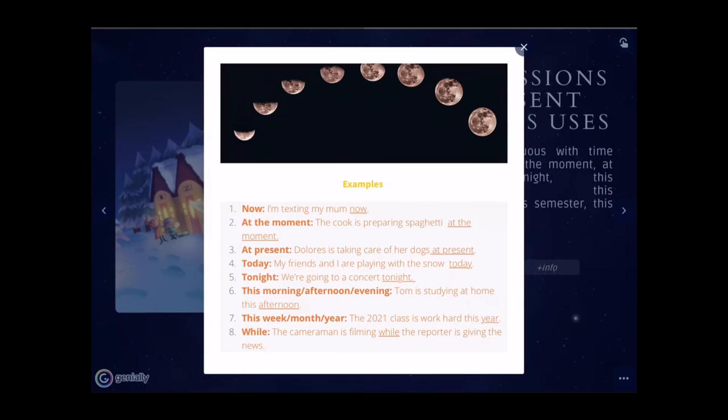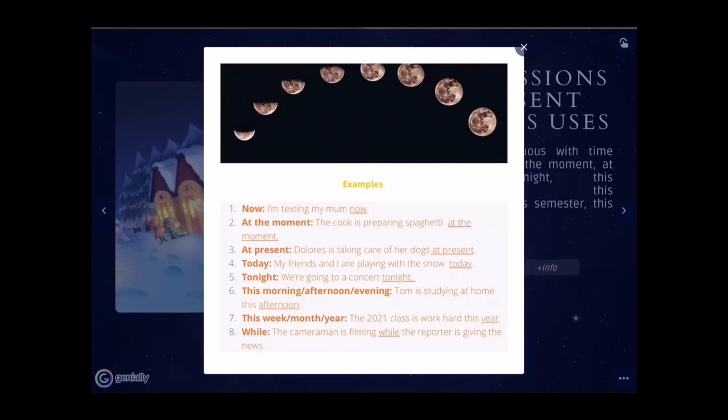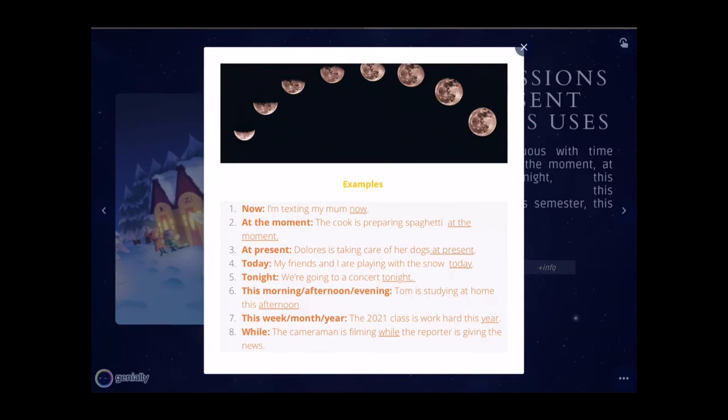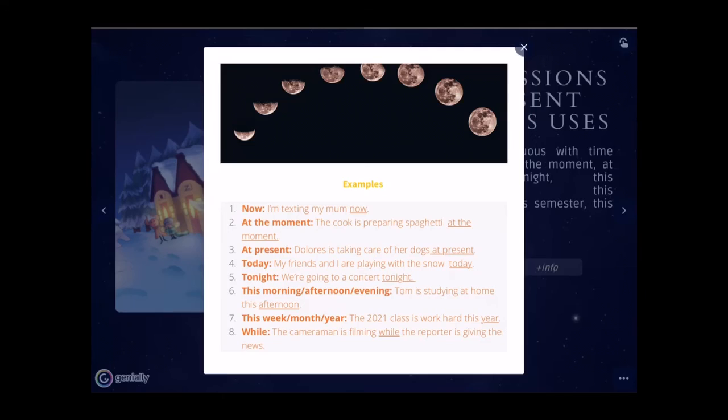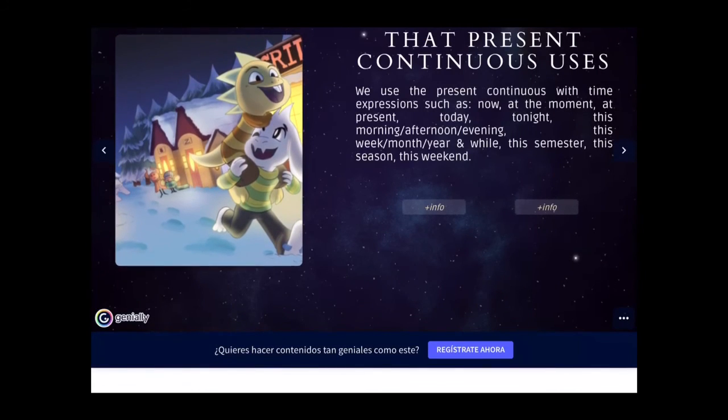We're going to a concert tonight. With this week, month, or year, we have the example: the 2021 class worked hard this year. Okay, and then we have some of the examples.